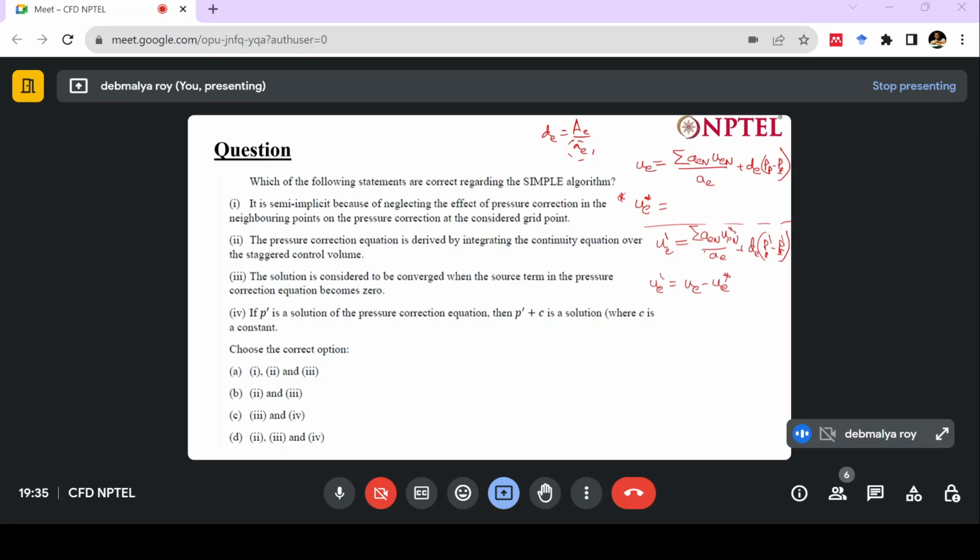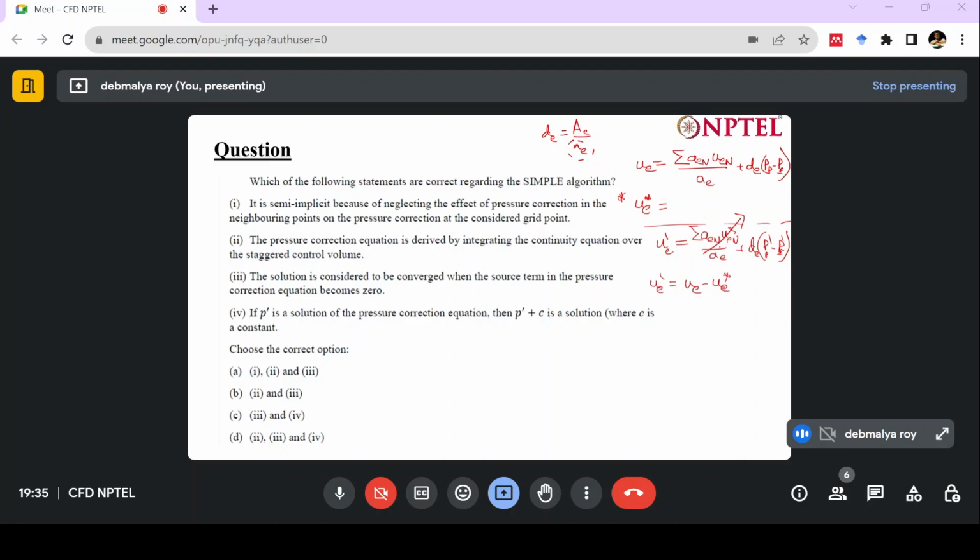So what we do in the SIMPLE algorithm is neglect this term. We neglect this term, and we assume that all the corrections that will arise from this velocity will be taken care of by the pressure itself.